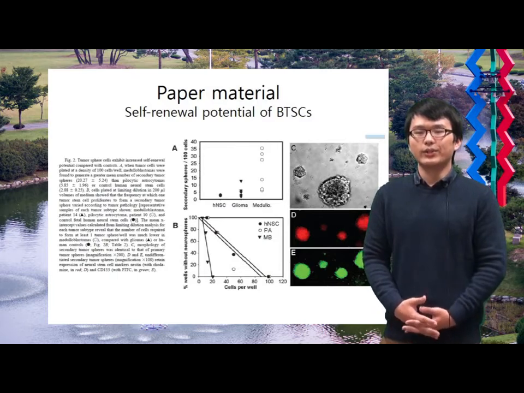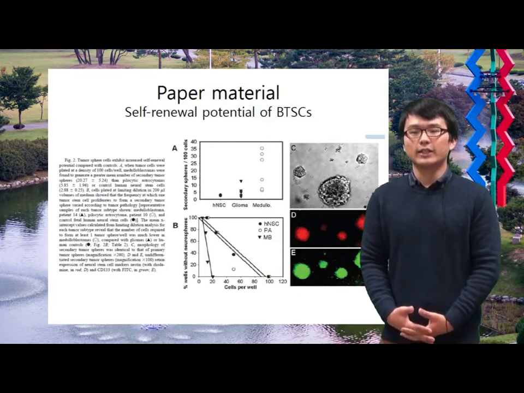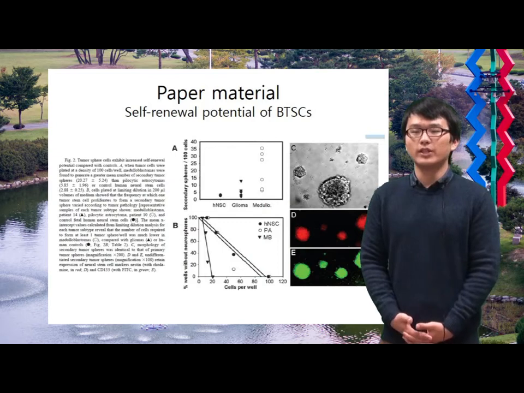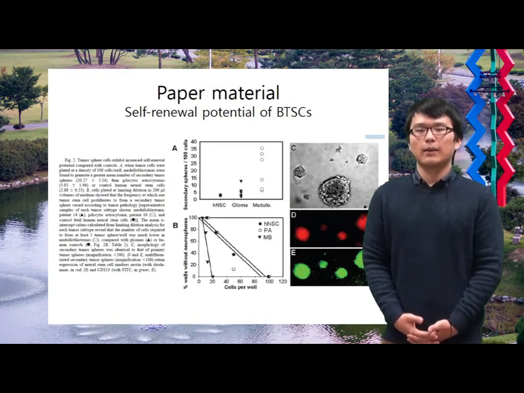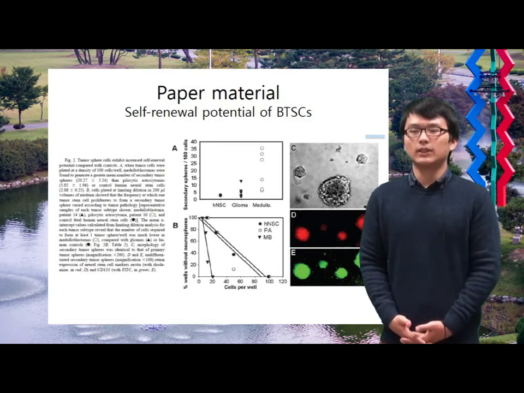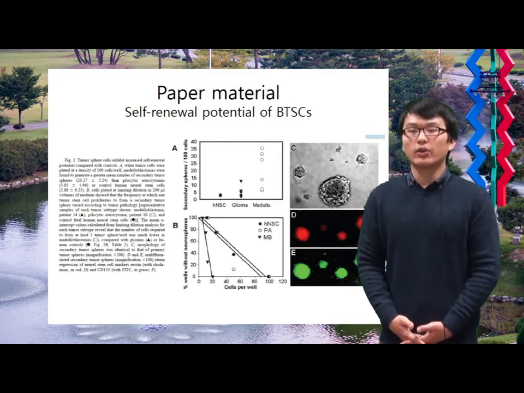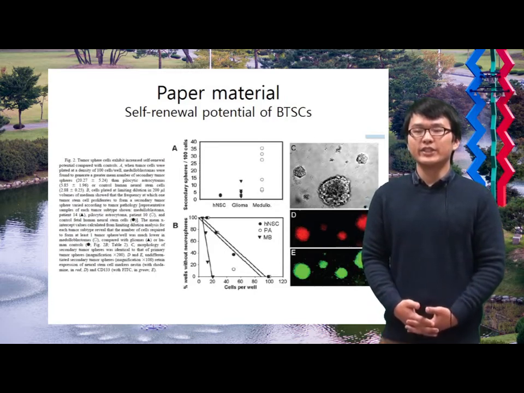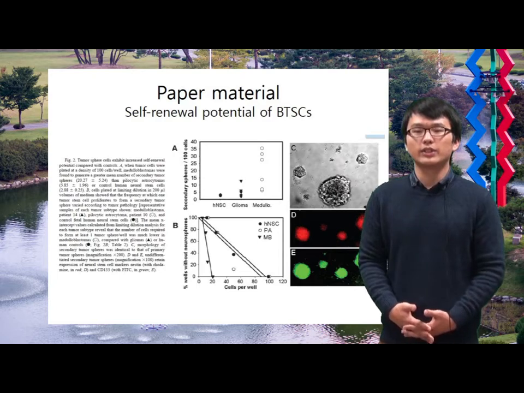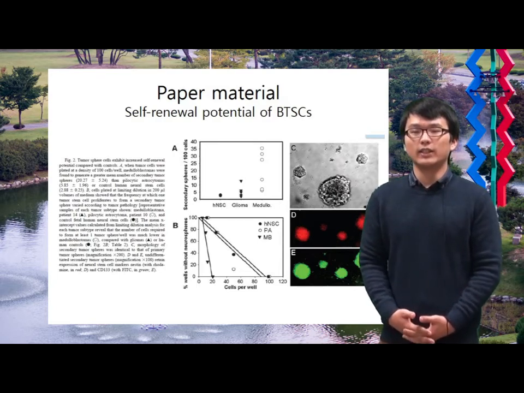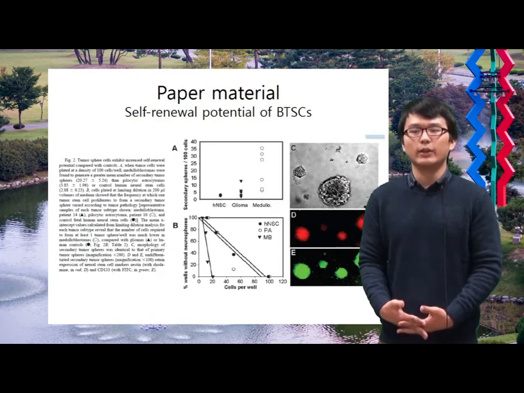Next, they showed that sphere-forming cells exhibit increased self-renewal potential compared with control. Medulloblastoma cells, which showed relatively high secondary sphere-forming capacity, also showed enhanced self-renewal potential in the limiting dilution assay. Pictures C, D, and E show secondary tumor spheres still expressing nestin and CD133.